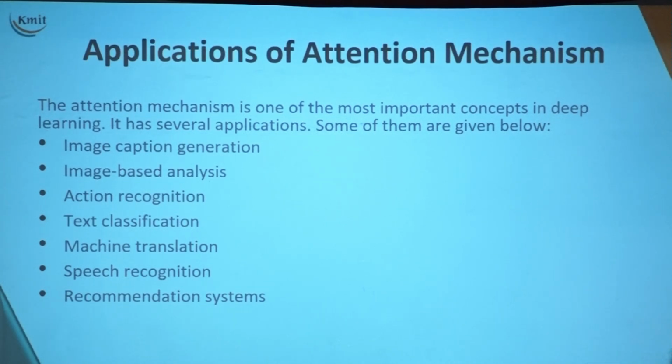For example, image caption generation: given an image, automatically generate the caption. Attention is needed there. Also image-based analysis, action recognition, text summarization, text classification, machine translation, speech recognition, and recommendation systems.